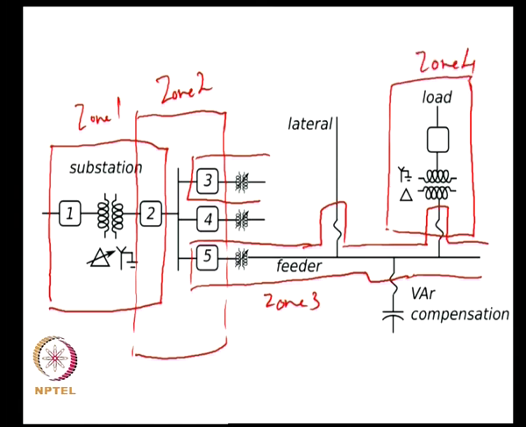Or it may be towards the laterals, etc. So, you have areas of protection that are defined for your feeder, and these areas of protection are overlapping, so that you do not leave any particular point vulnerable in the system. So, every part of the system is protected.